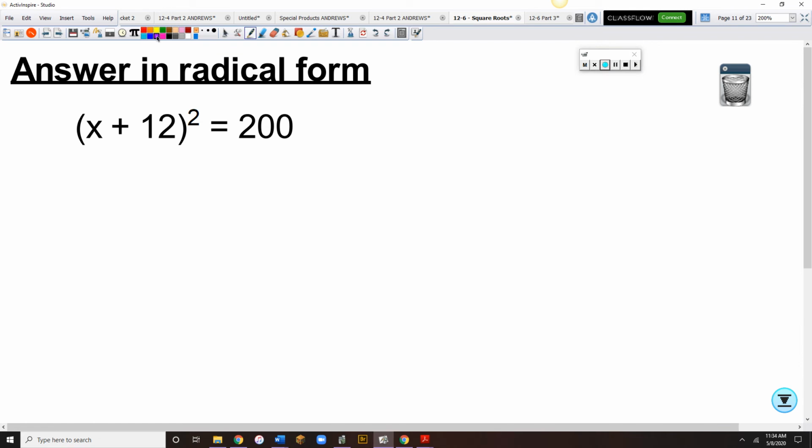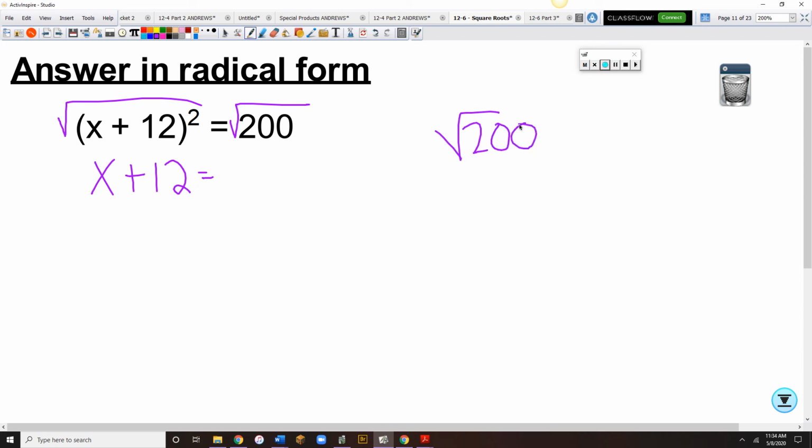So we're going to square root both sides, all right? X plus 12 equals the square root of 200. The largest perfect square I can divide out of 200 is 100, and 100 times 2 makes 200. So the simplified form of root 200 is plus or minus 10 root 2.